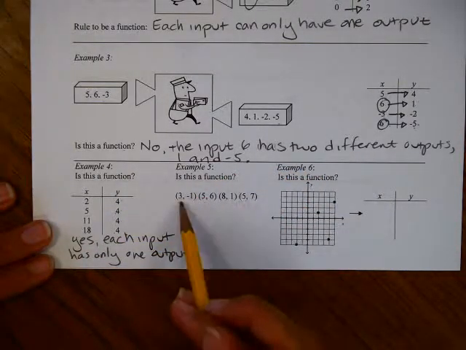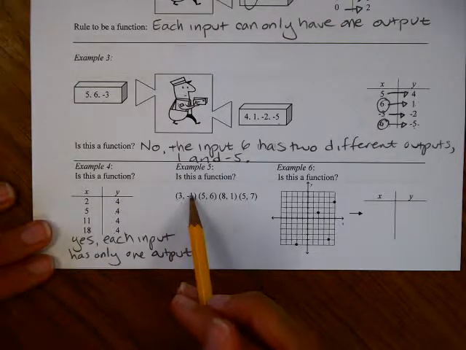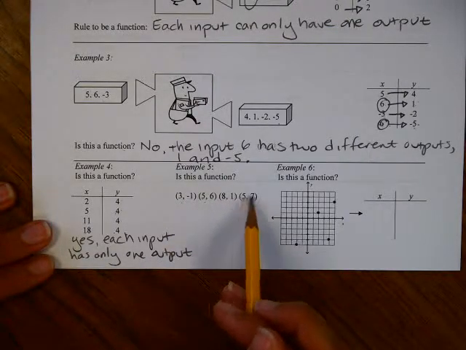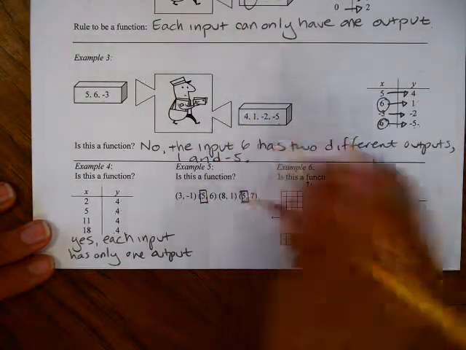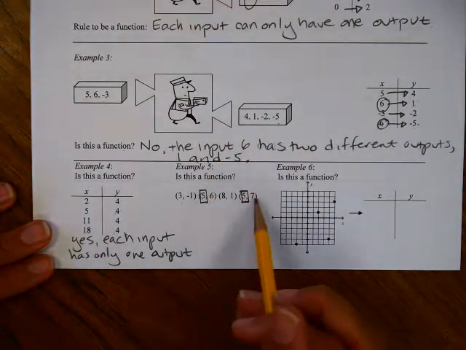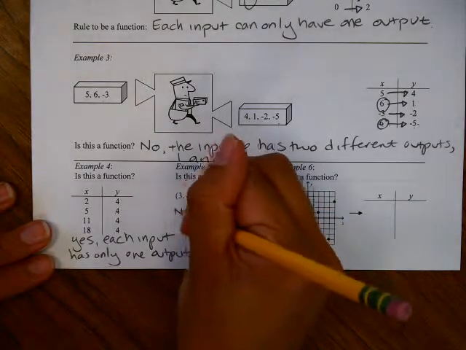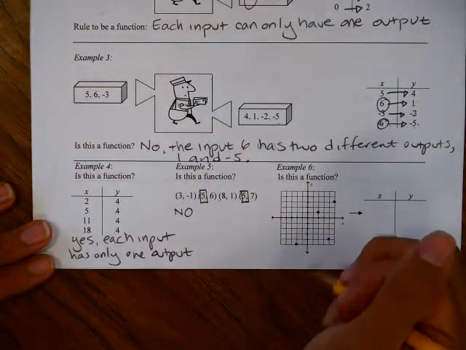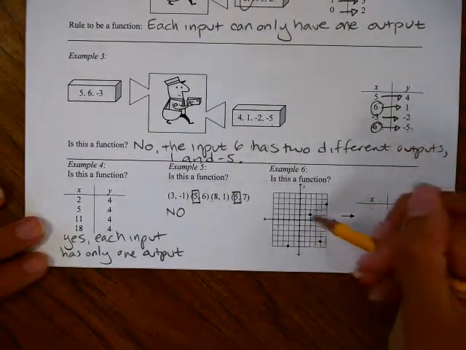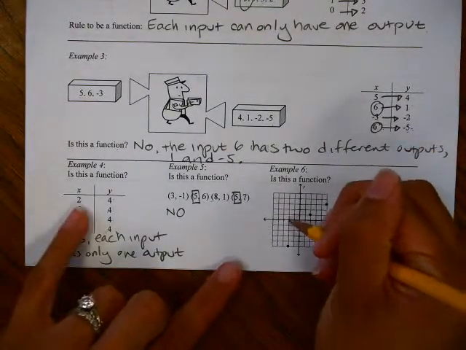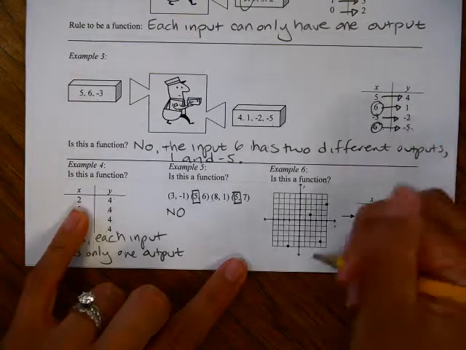Over here, if you look at your x's, each of these points gives you a relationship. And we see here that 5 got delivered to 2 different outputs. So this is not a function. What about here? Well, you might be able to tell just by looking at the chart, but if not, you could put each point here.